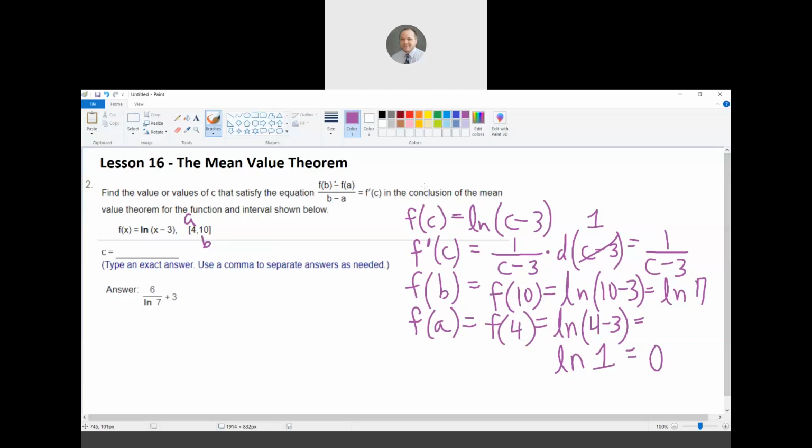So let's plug everything into our equation. Hang on just a minute. Let me copy and paste it. All right. F of b is natural log of 7.